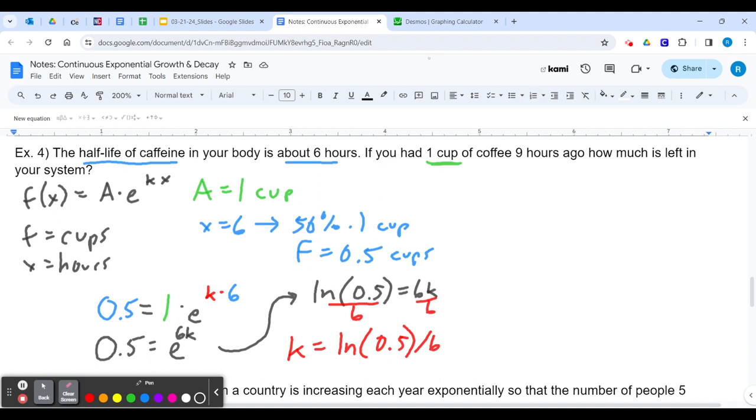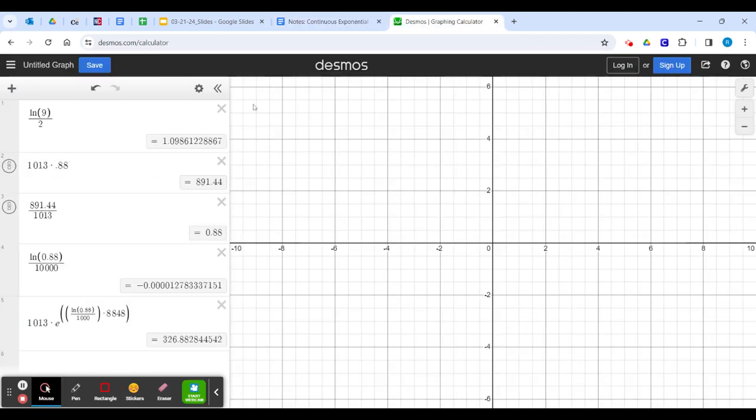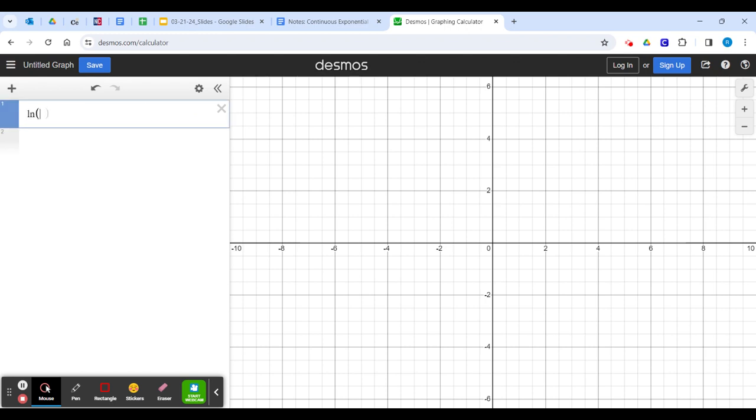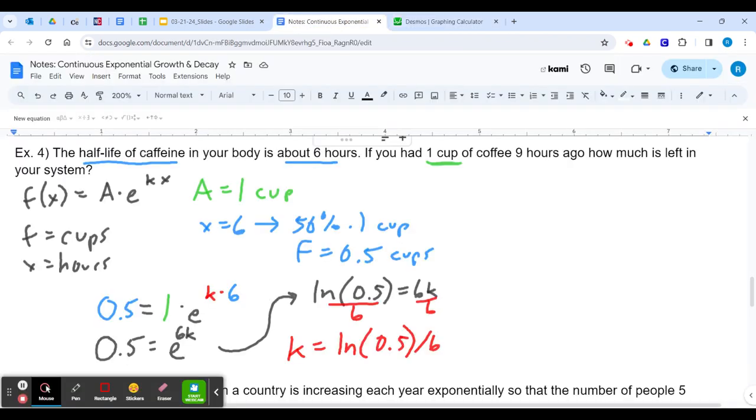So I have that k value, and let's check that out again. If I were to plug this into Desmos, it's the ln of 0.5 divided by 6, you can see it's again a really long decimal. So I'm just going to leave it written as we have in red here.